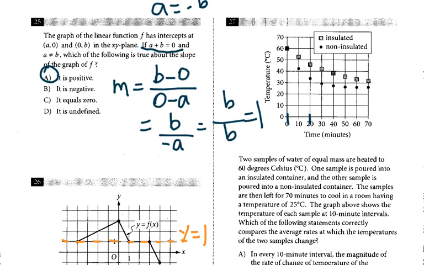And the average rate of change, definitely the non-insulated will be greater than the insulated, because the non-insulated one is more steep. Well, from 40 to 60, the interval from here to here, you could see that the insulated one is steeper than the non-insulated one. So that's the reason, and D will be the right answer.